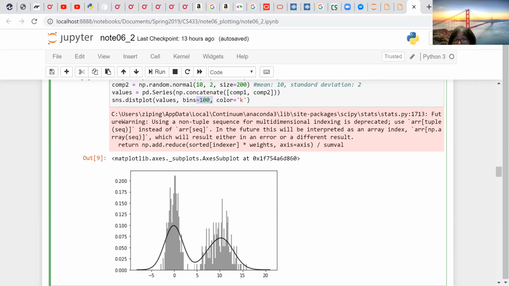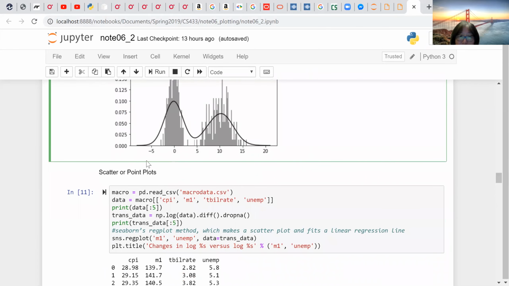The result gives you both the histogram distribution and the density distribution, which is pretty nice. So just be careful: this is Seaborn's distribution plot method. If you want to do something like this, you can call Seaborn's distribution plot. So that's the first Seaborn distribution plot.